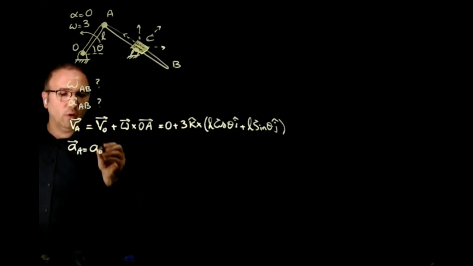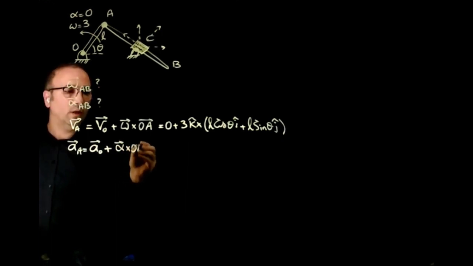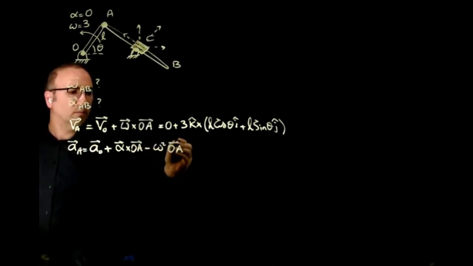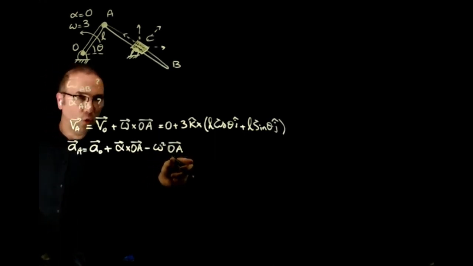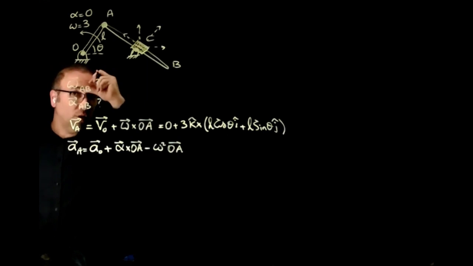Acceleration of A equals acceleration of O plus alpha cross OA minus omega squared OA. Again, it is in fact omega cross omega cross OA, but because we are dealing with a two-dimensional problem, I can write it as negative magnitude of omega squared times vector OA.